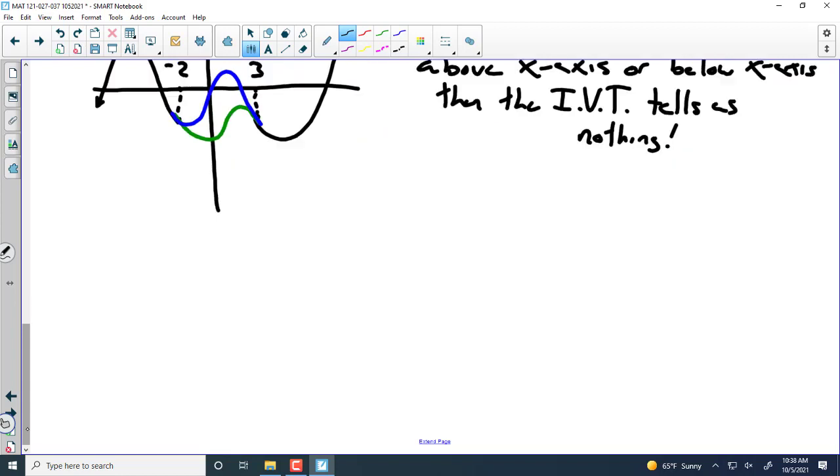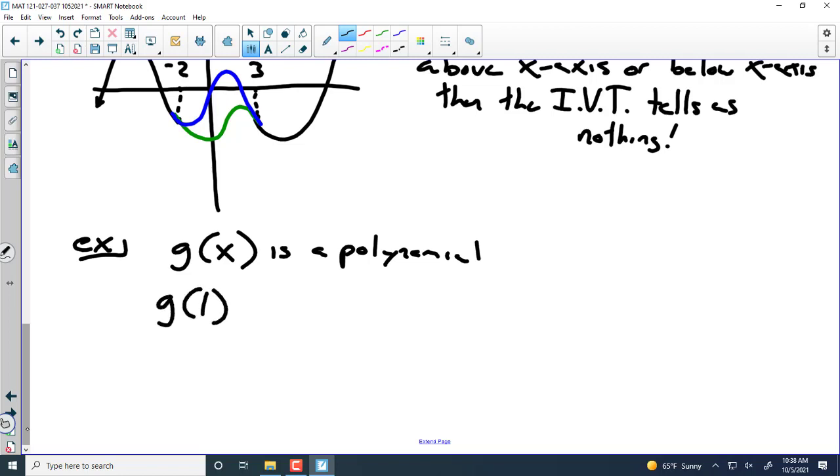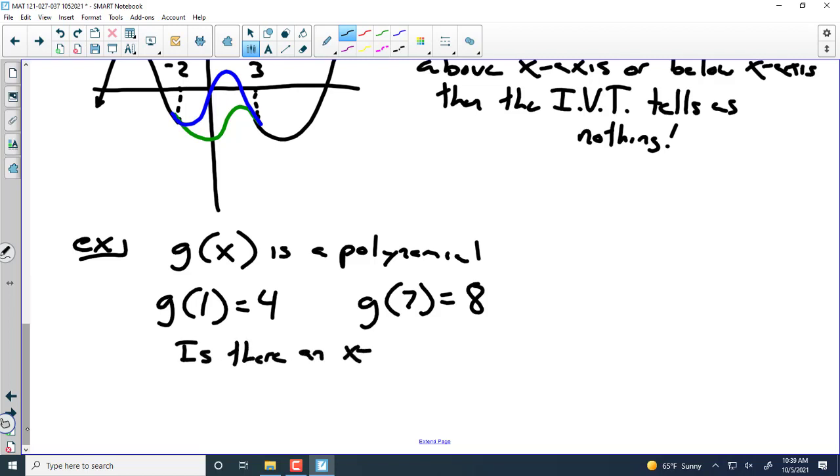So if you're ever working with an example like this, you have a polynomial, and you know that when you plug in a 1, you get a 4, and when you plug in a 7, you get an 8, and someone says, is there an x-intercept between x equals 1 and x equals 7, what is the best answer you can give them?